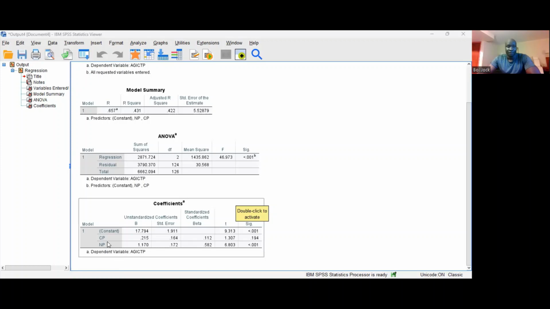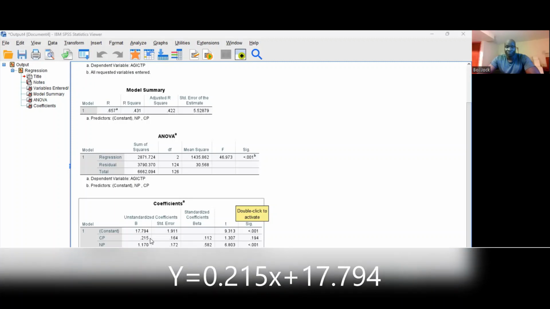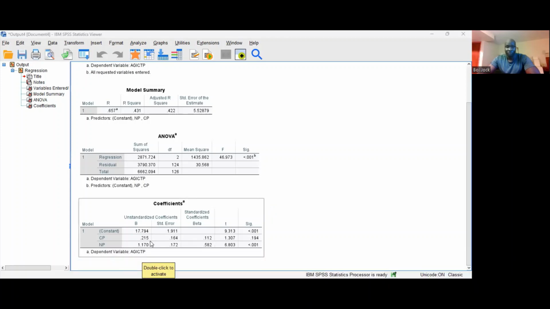And for CP, it would be y equals 0.215x plus 17.794. So these two numbers and the y-intercept make up the formula. Again, that's where you can find the slope formula information in SPSS.